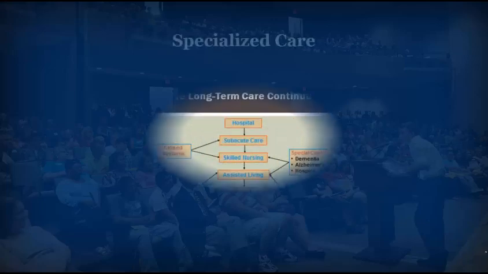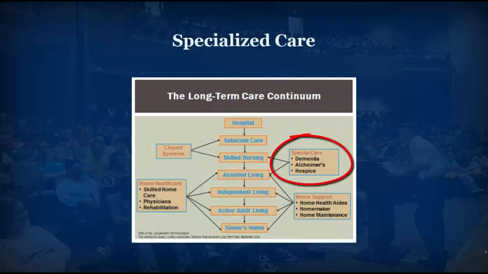Our last type of institutionalized LTC care is going to be our specialized care, and it's just what it sounds like. You have some specialty that you need some type of assistance with. So we're going to find patients here that have ventilators that they need cared for, maybe some type of wound care. So you've been discharged from the hospital, but you have an open wound.